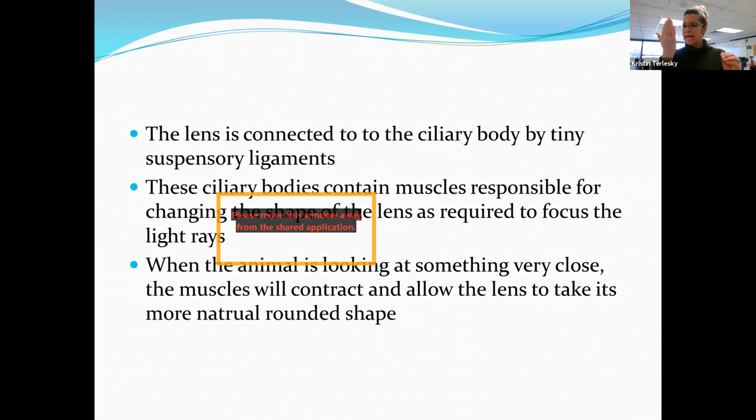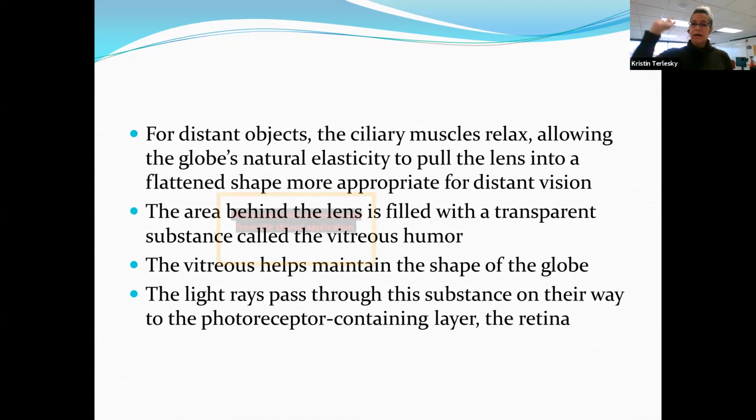So if you can't see close, that means there's something going wrong in that lens, in those contractions of the ligaments, so to say. And it happens in animals too. All right, so opposite then for seeing distant, those muscles will relax, and that'll allow that globe to pull the lens to be pretty flat, so you can see distant vision.